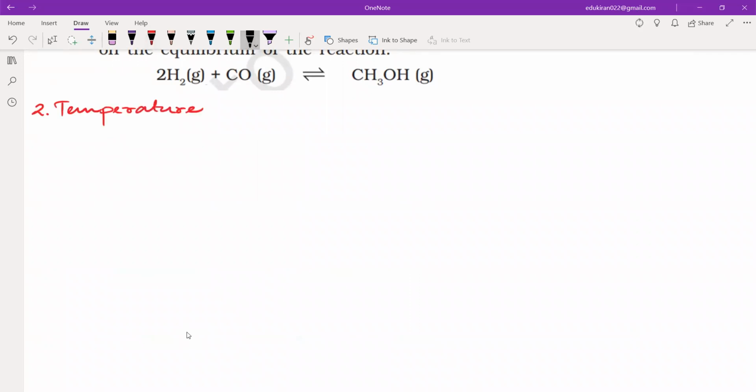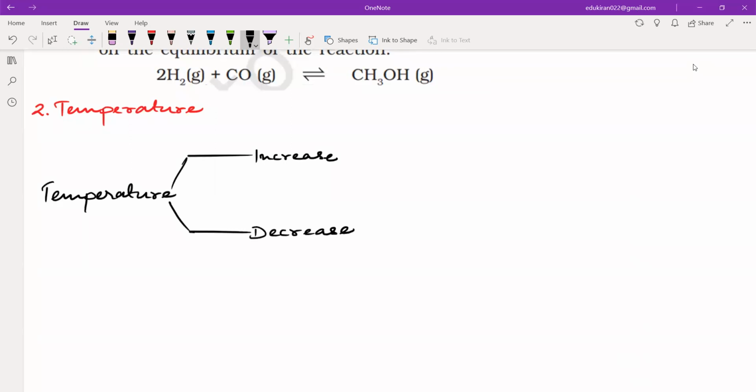So in temperature, we can either increase the temperature or decrease the temperature. If I increase the temperature, then it will shift towards the endothermic reaction.